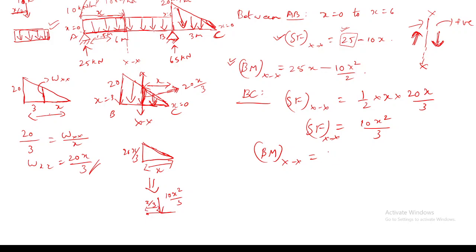So what should I do here now? It should be 10x squared by 3 into x by 3. Whether the bending moment here is positive or negative? Negative, since it is right clockwise.